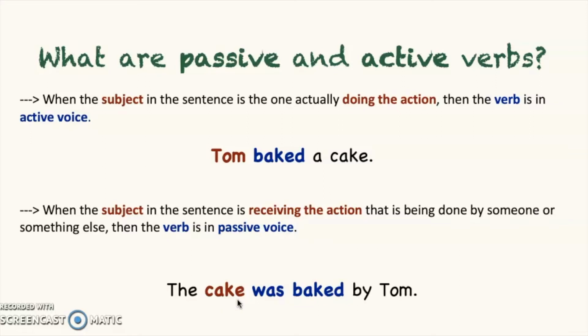And the person who did the baking, the agent, is not the subject. It's the thing that was acted upon. So this is passive. Tom is still the agent, but he's no longer the subject of the sentence.